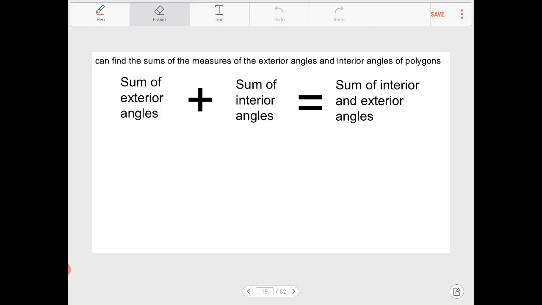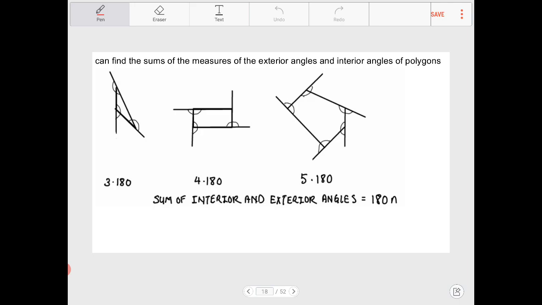I can then say the sum of the exterior angles plus the sum of the interior angles equals the sum of the interior and exterior angles. And we have expressions for 2 of the 3 things here. We have a formula for this because it was developed earlier in this lesson. We also have a formula for this thing. It's 180 times n.